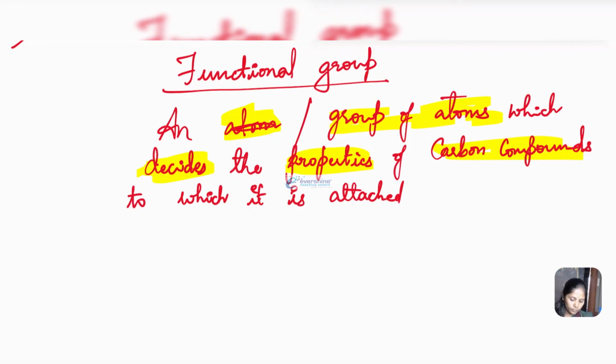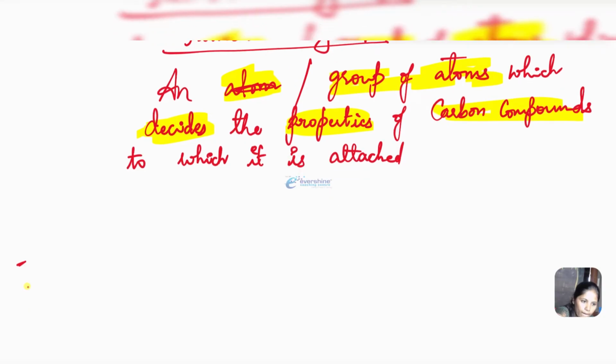So halides are the functional groups. Tell me which are the functional groups. First one, halides. Which are the halides? Chlorine, bromine, iodine, etc. Okay, these are the functional groups. Second one, alcohol.